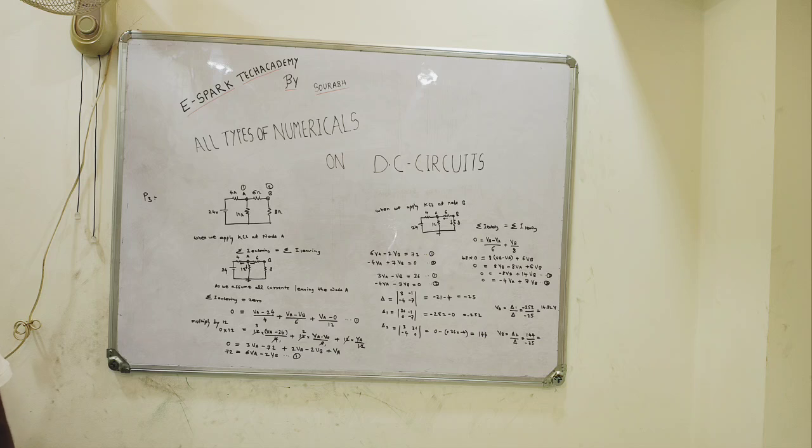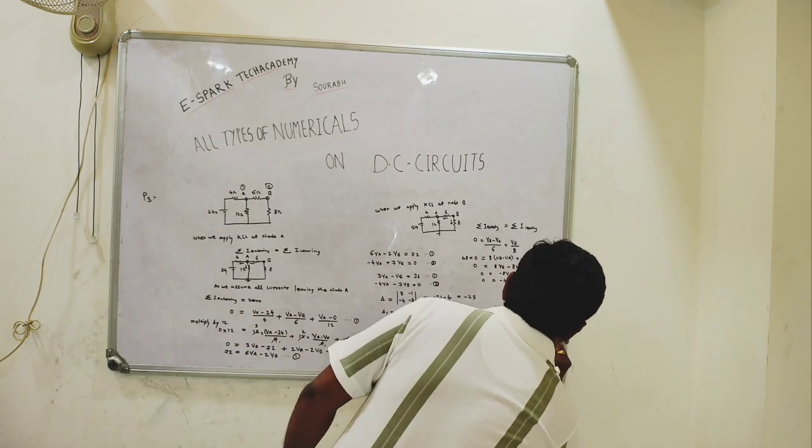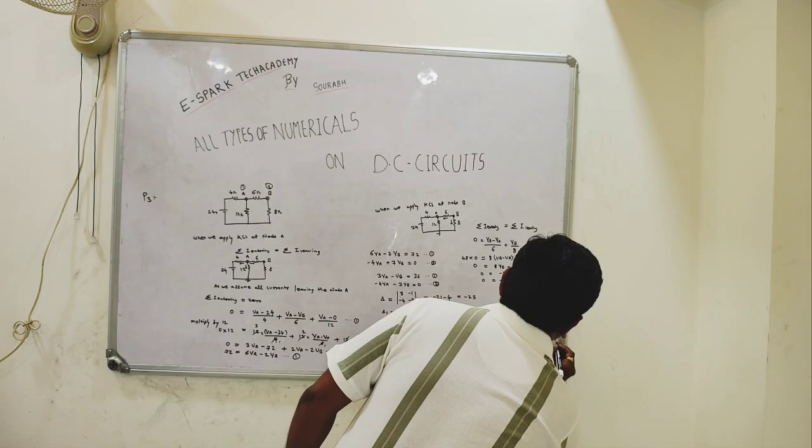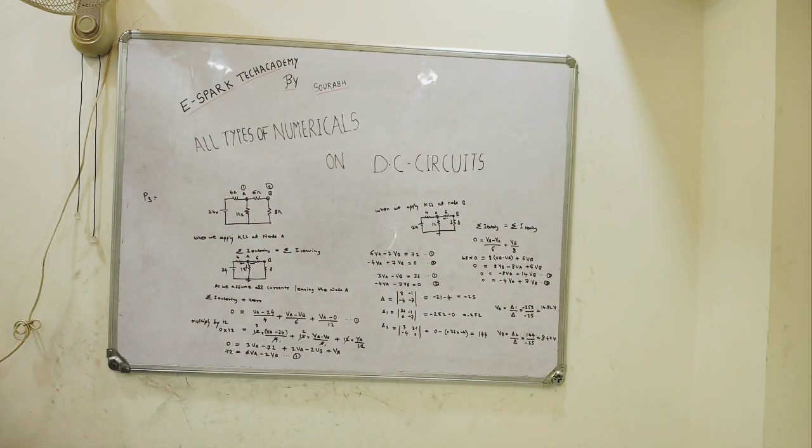You will be getting it as 8.47 volts. In the same way you calculate all these things. VA and VB are nothing but V1 and V2 also. Just write it carefully, you will get through it.